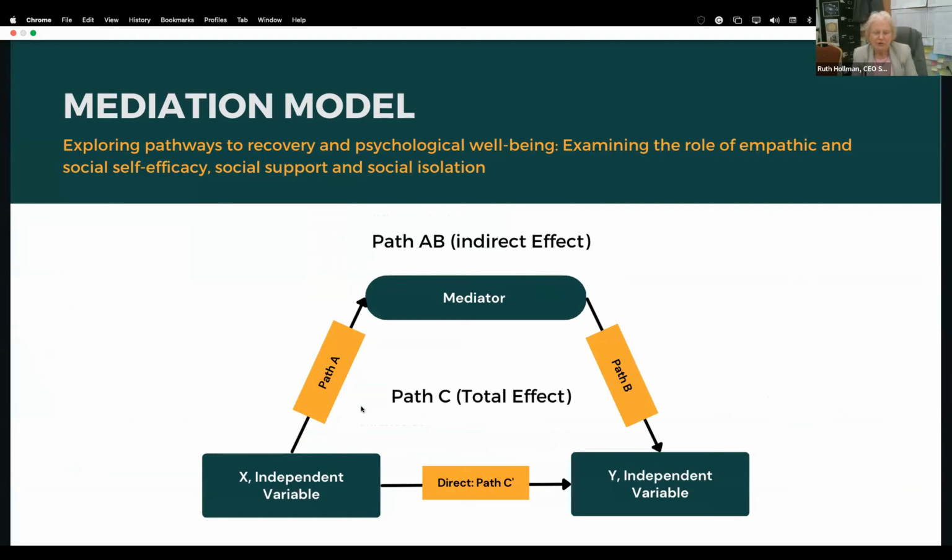So X here was social support and social isolation, is that right? X would be the independent variable, and it would be empathic self-efficacy. Empathic self-efficacy. Yes. Okay. And the mediator then is the social support or the... Yes. In a separate hypothesis, it's either social support or social isolation. And then the dependent variable, which is the Y, would be either recovery or psychological well-being. I see. Okay. And now that I think about it, next time I'll have the pathway per result. That way it will make more sense and be easier to see.